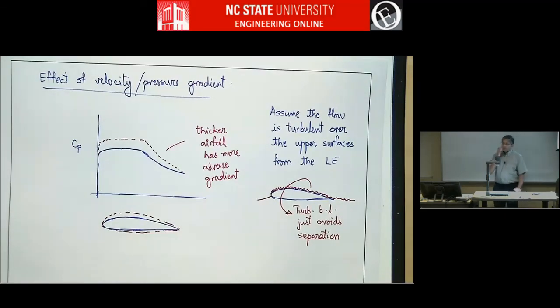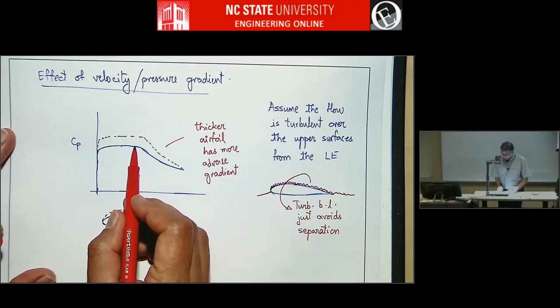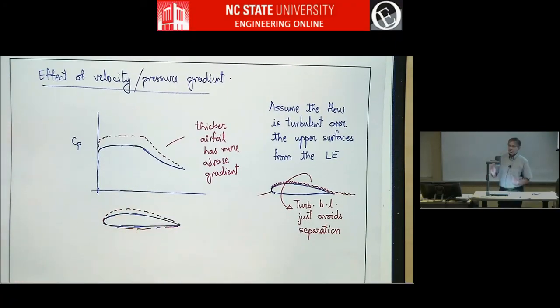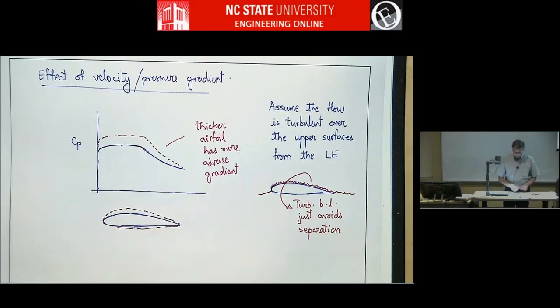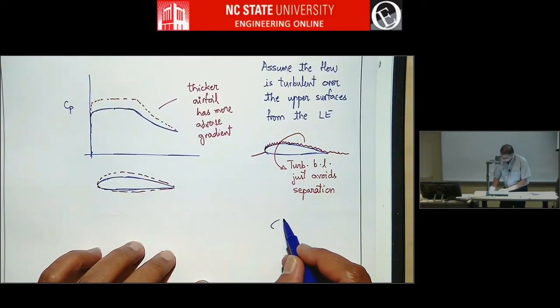For purposes of our discussion, we are assuming that this thin airfoil has adverse pressure gradient that just barely avoids separation. So if you make this airfoil any thicker, now you have much more adverse pressure gradient, and so you're going to have separation, and that's what happens with the thick airfoil.